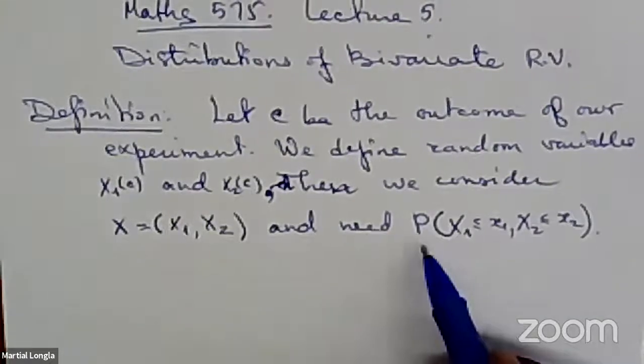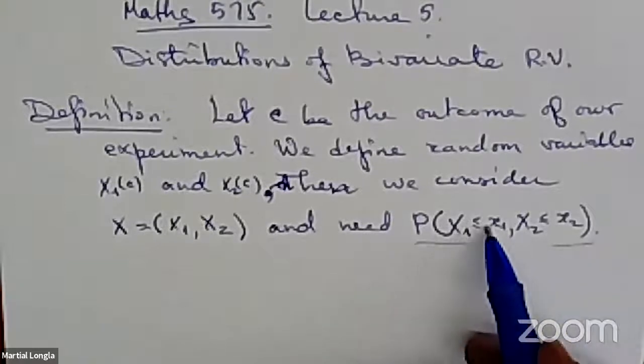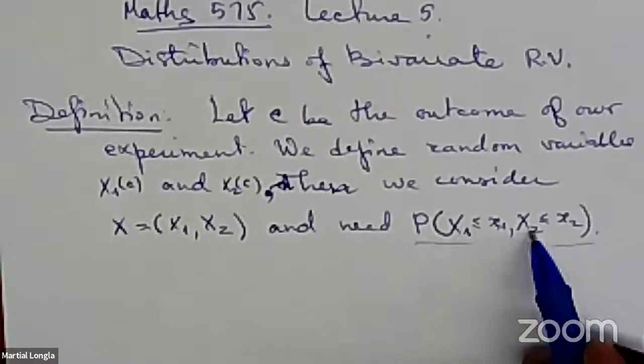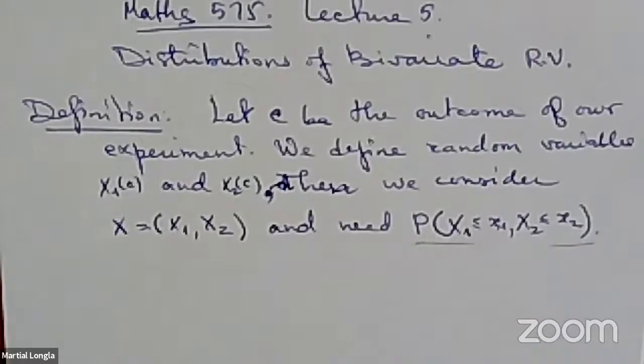That would be finding this probability that X1 is less than the little x1 and X2 is less than the little x2.